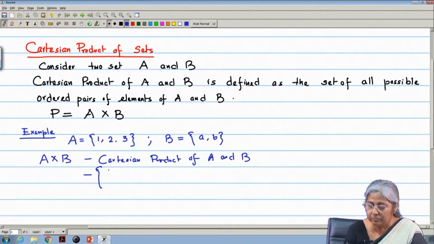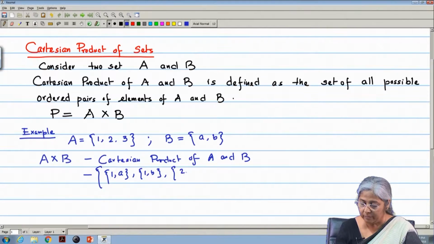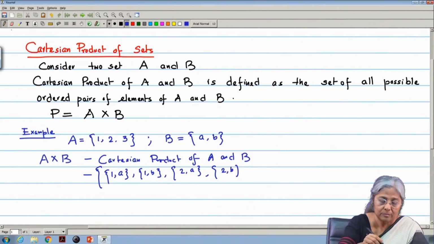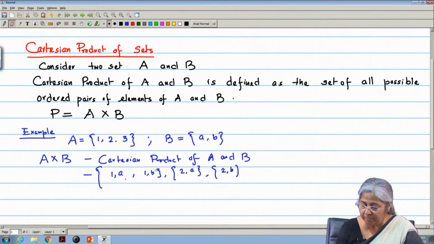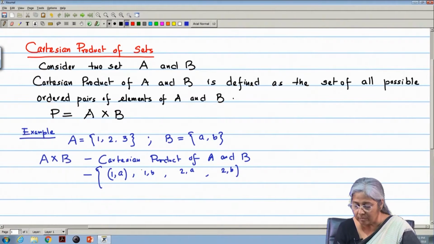So, the set of 1a, 1b, then 2a, 2b, then 3a, 3b.